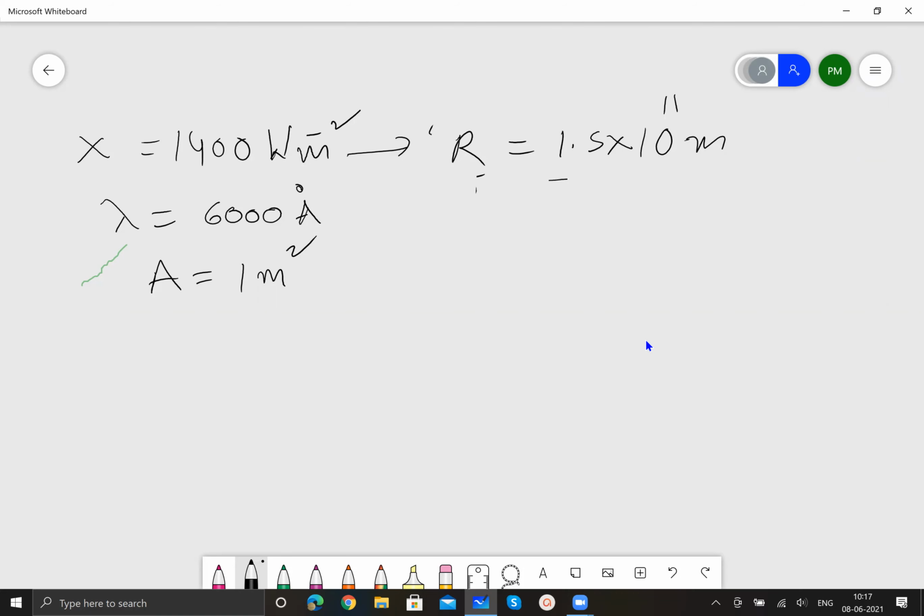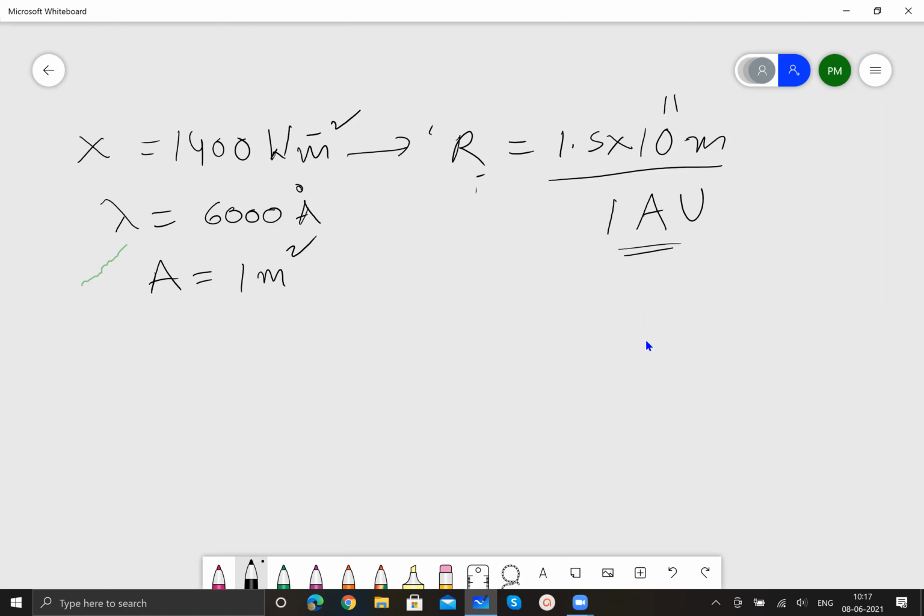We call this one astronomical unit, 1 AU. The astronomical unit is the mean distance of Earth from the sun.